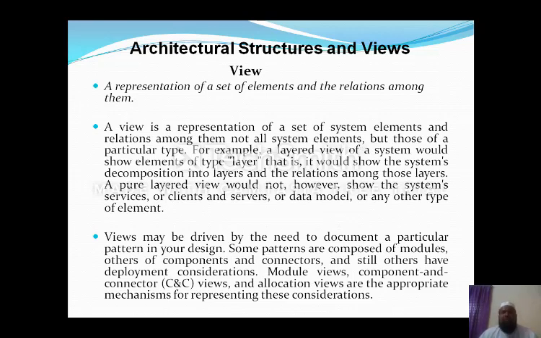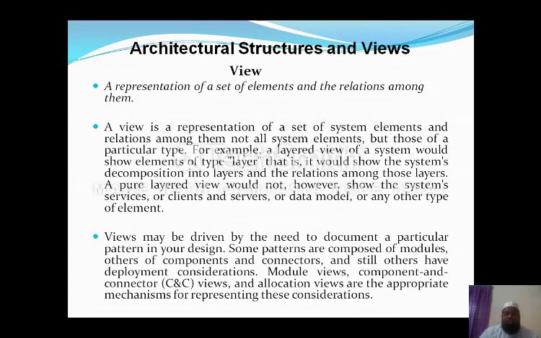For example, a layered view. If you look at the OSI model, which is a layered model in computer networks, you might have come across the Open Systems Interconnection model, where you can see the layers: physical layer, data link layer, network layer, and so on, around seven layers. Before seeing how those layers are built, note that whenever building a software system, you need to follow a layered technology or layered architecture.